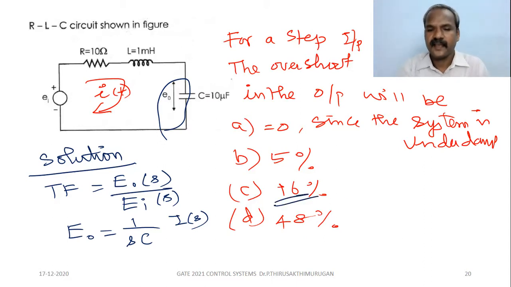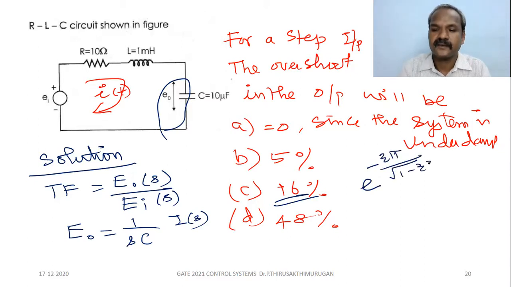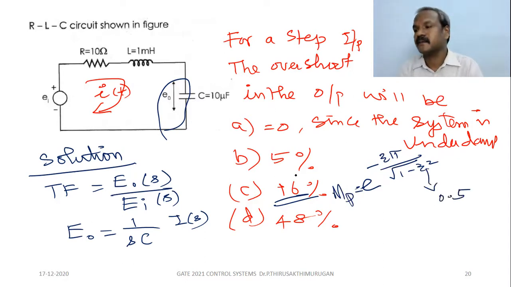Because zeta is 0.5, we substitute the zeta value in the overshoot expression, e power minus zeta pi divided by square root of 1 minus zeta square. For 0.5, it is always 16% overshoot. So the answer is C.